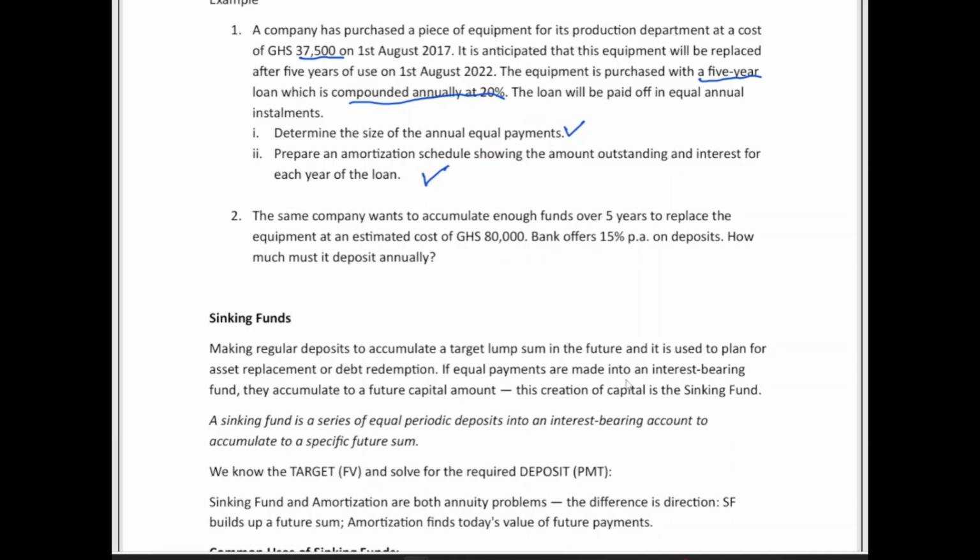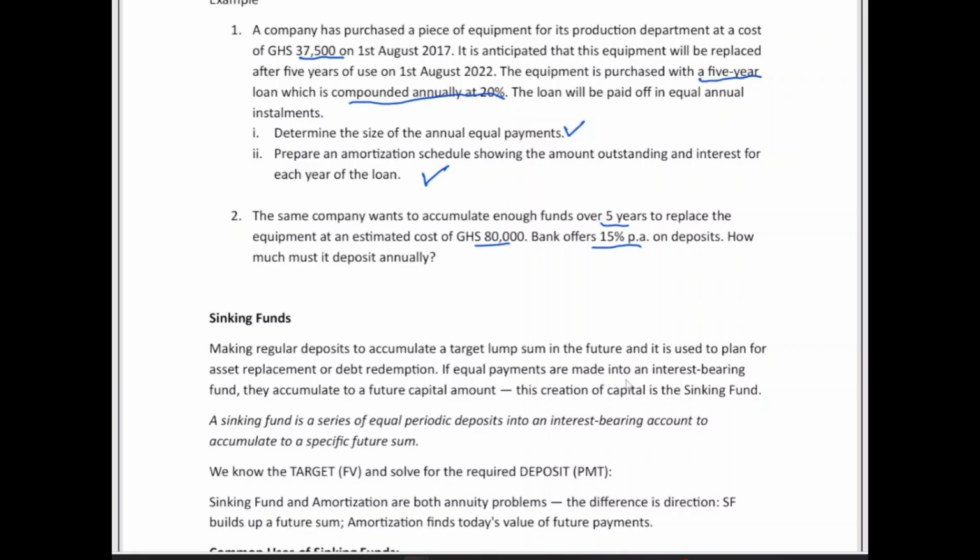So the same company, which is company E, wants to accumulate enough funds over 5 years to replace equipment at an estimated cost of 80,000. A bank offers 15% per annum on deposit. How much must it deposit annually?